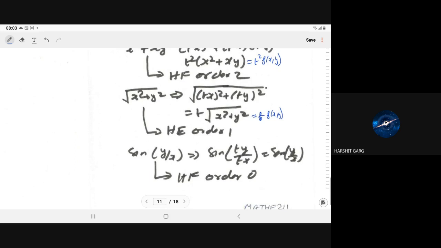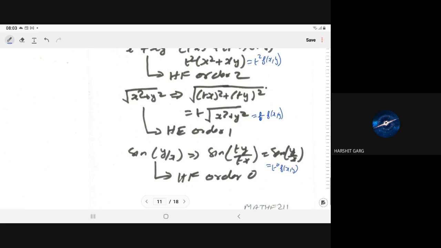Now if we have sine of y upon x, we put y equals ty and x equals tx. Sine of ty upon tx, the t's cancel out, so we get sine of y upon x, which is t to the power 0 times f(x, y). This is a homogeneous function of order 0.